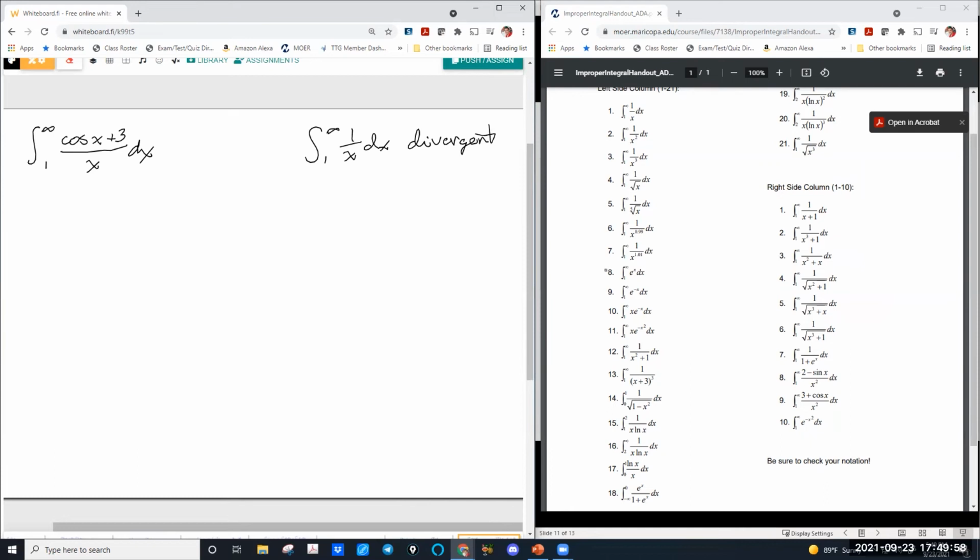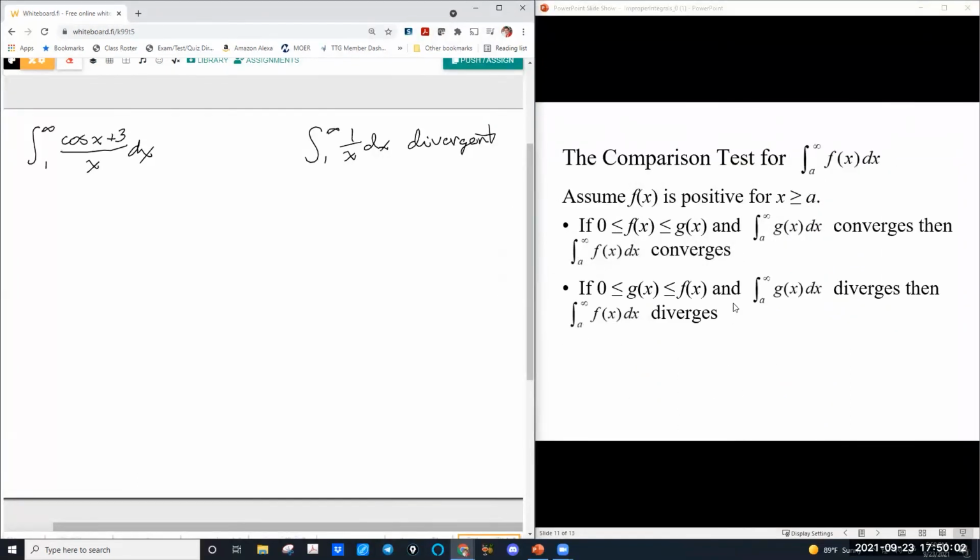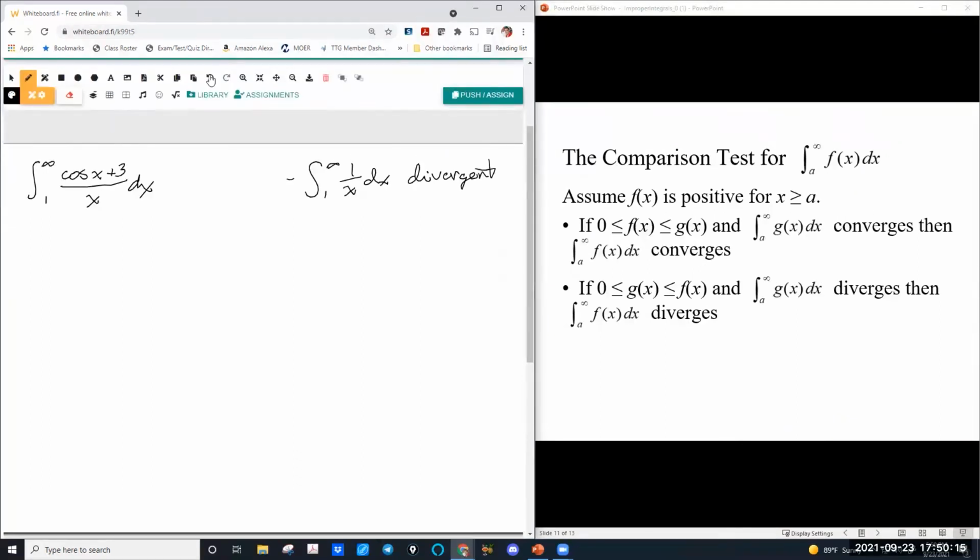All right. Now remember, for divergence, I can only test for divergence. G is my known one. This is my G of x from this slide.